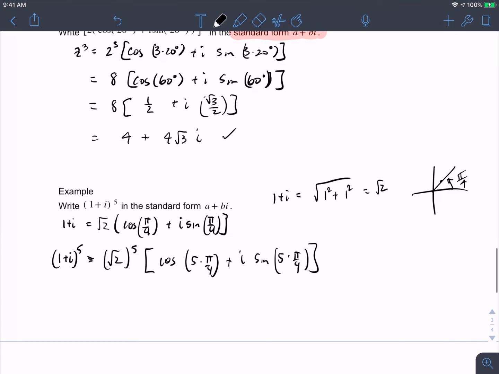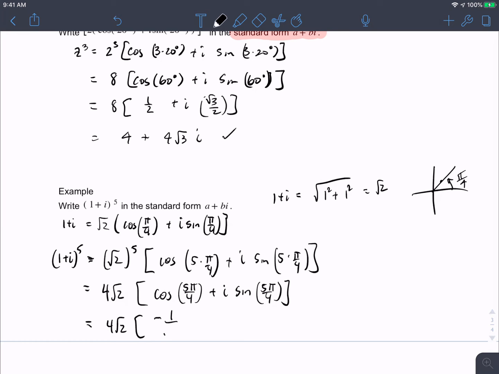And that will clean up to be 4 radical 2 cosine of 5 pi over 4 plus i sine of 5 pi over 4, which will clean up to be 4 radical 2 times negative 1 over radical 2 plus a negative 1 over radical 2 i.